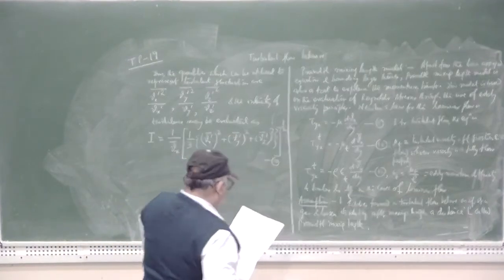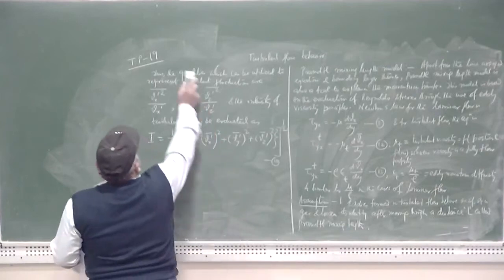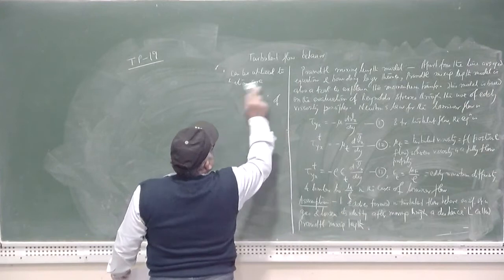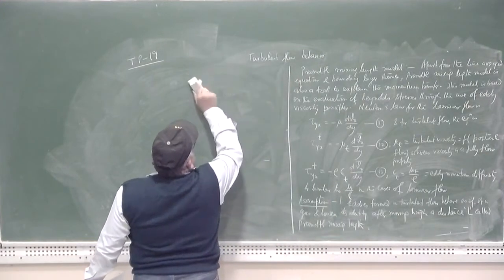And the second assumption is that the fluctuations in the velocity in both the directions x and y are equal.